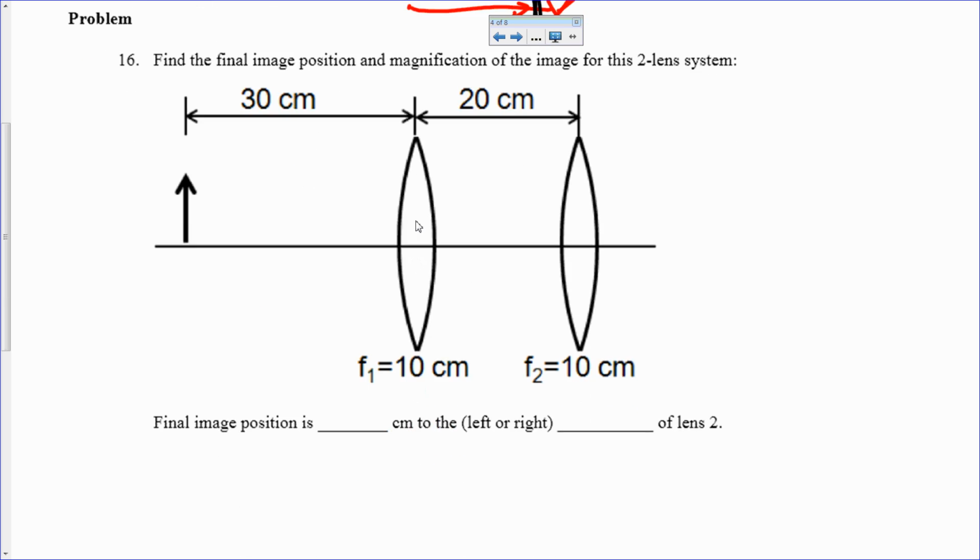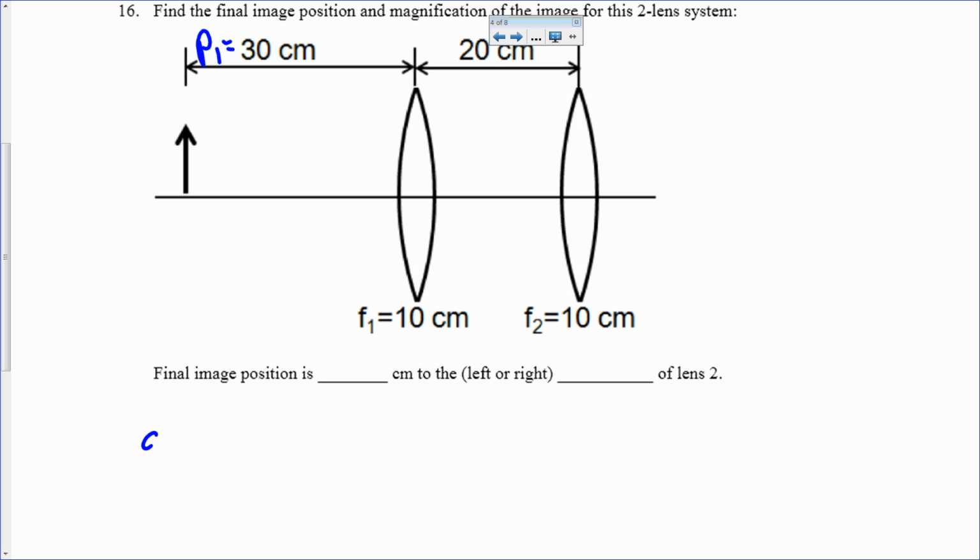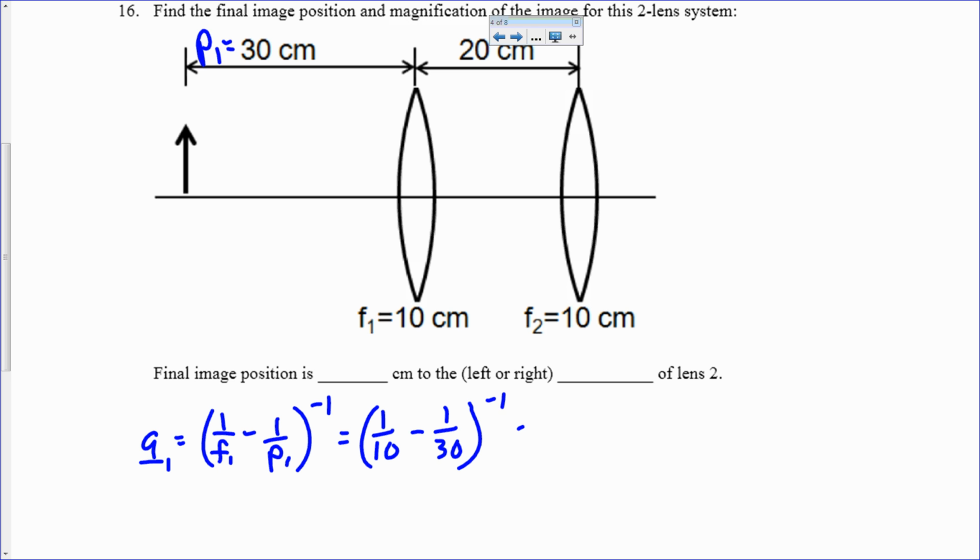All right, find the final image position and magnification for this two-lens system. All right, so this is P1. Our first step is just to find Q1. Q1 is 1 over F1 minus 1 over P1. That's 3 over 30 minus 1 over 30.